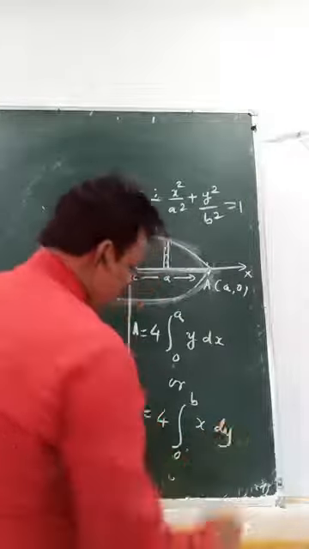Find area of the region bounded by the curve y square equals to x, and the line x equals to 1, x equals to 4, and x-axis in the first quadrant.